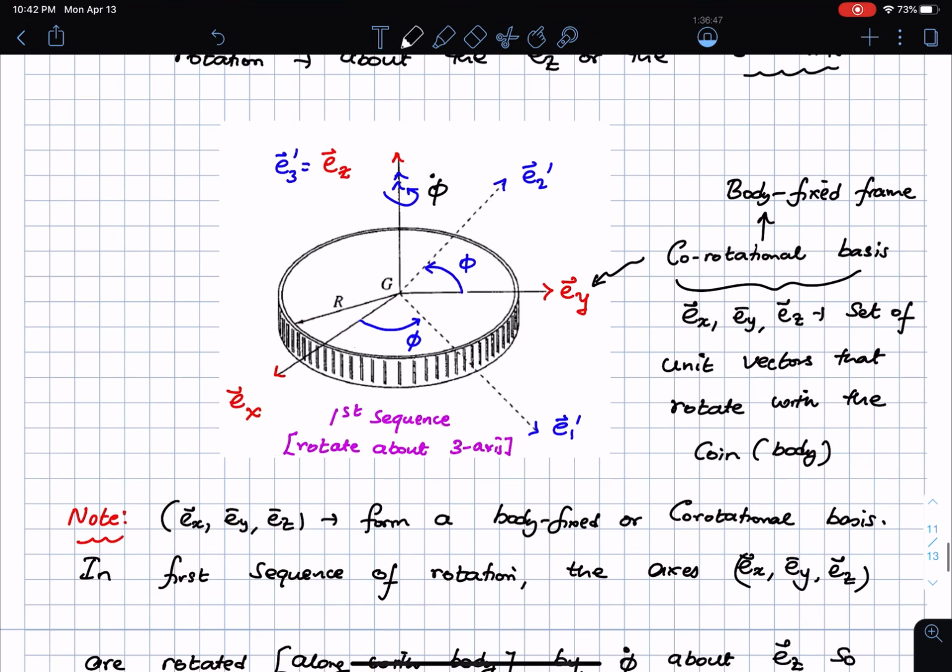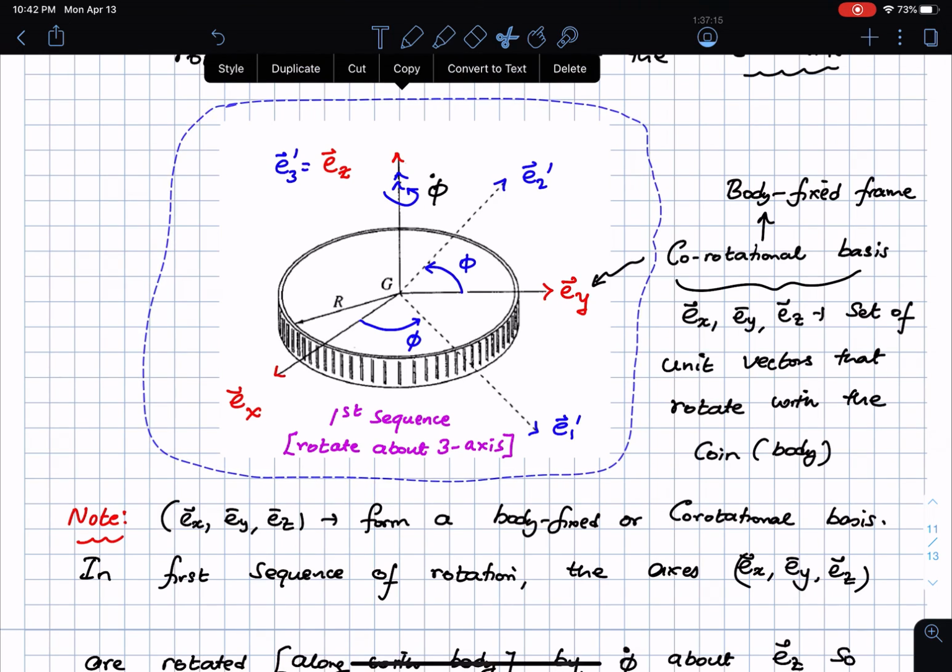I'm going to bring in my previous figure. This was the first sequence, as I mentioned here. Let me write this a little better. About the three axis. I'm going to take this figure and copy that because I need it.